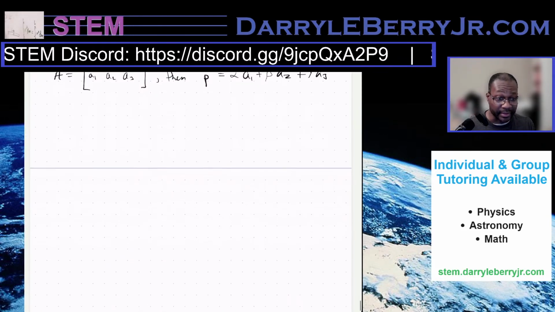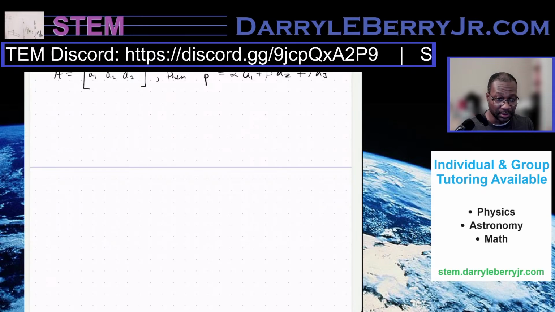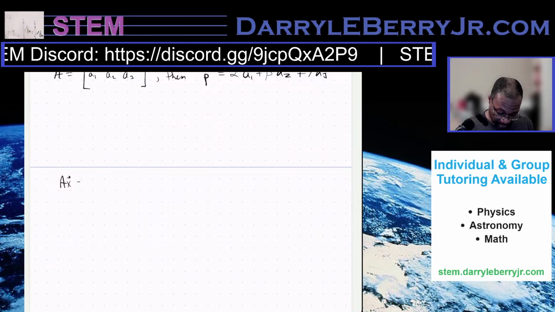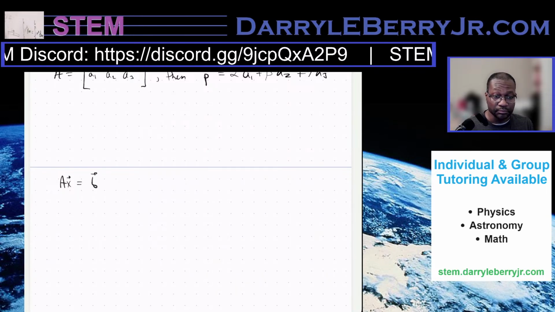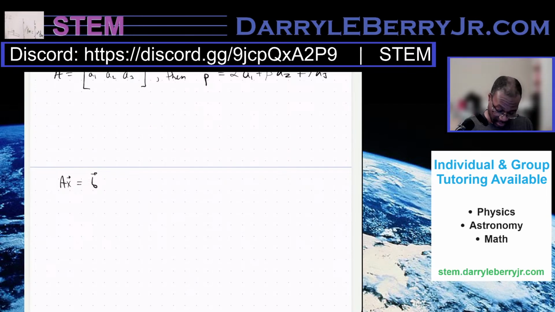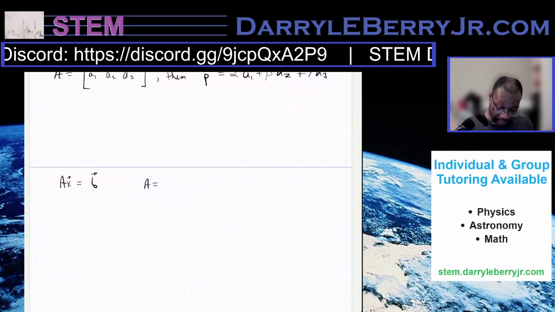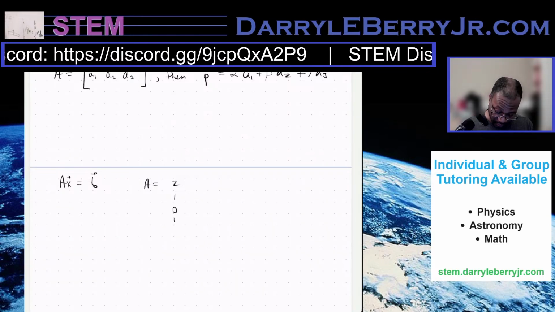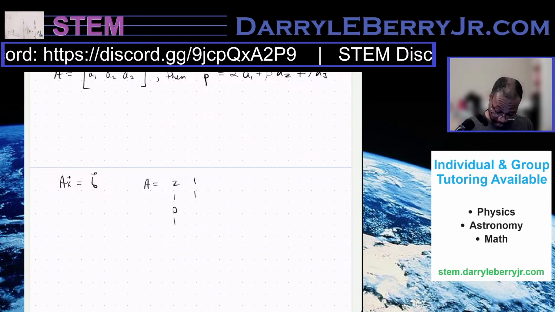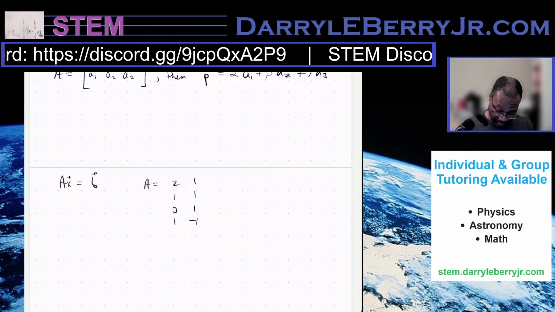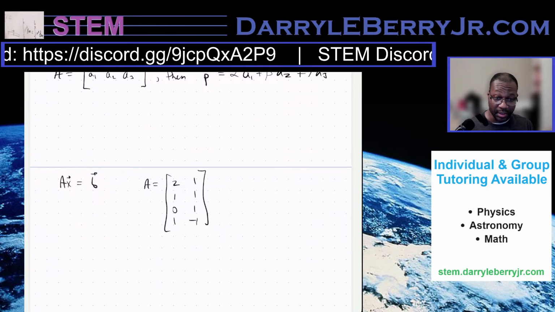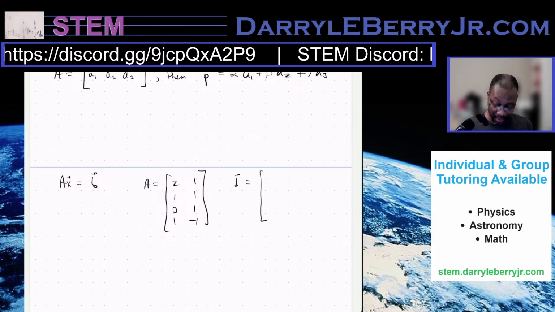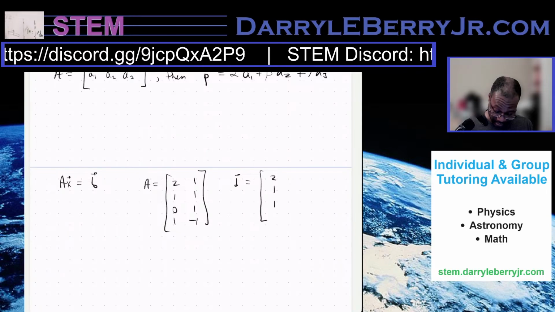Right? So, example, suppose we have the system AX equals B to solve, where A equals 2, 1, 0, 1, 1, 1, 1, negative 1, and B equals 2, 1, 1, negative 1.